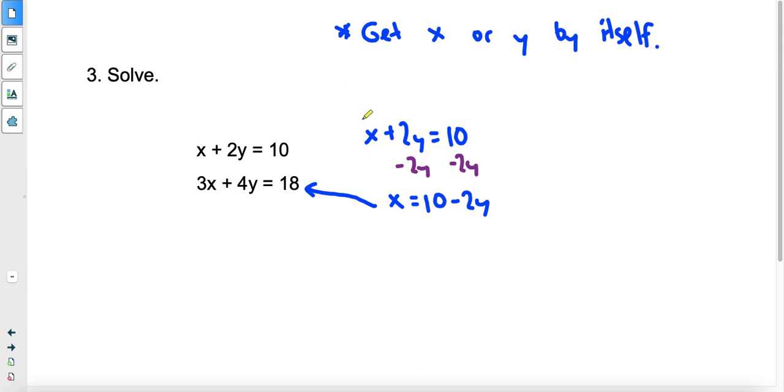Okay, let's do that. So I'm going to plug in x, 10 minus 2y, into my second equation in order to solve. Now, I know that 3x plus 4y is equal to 18.